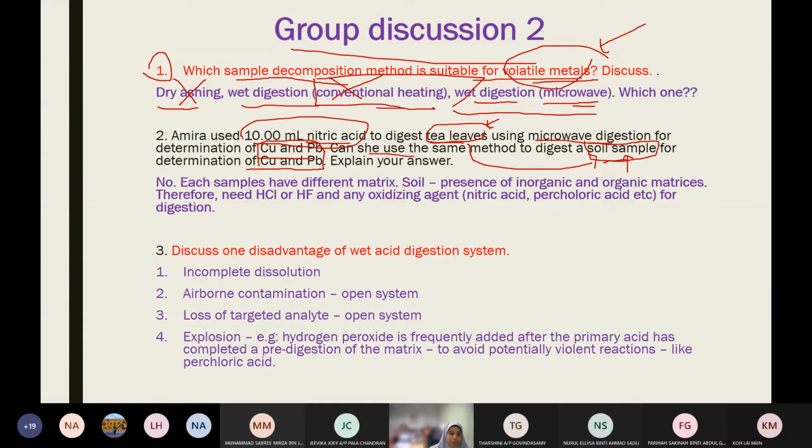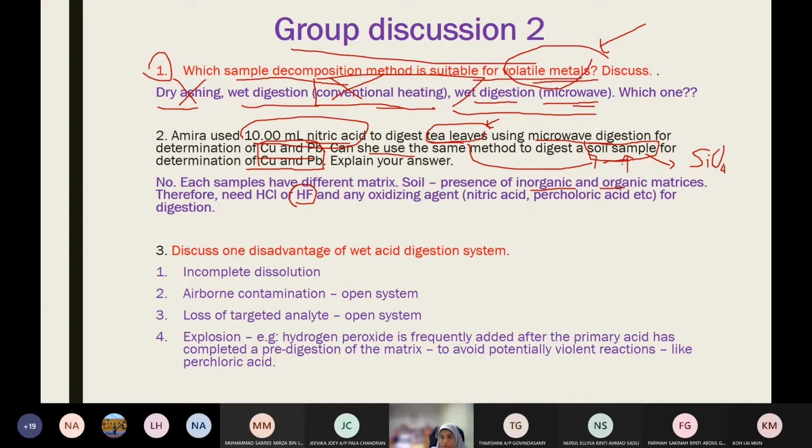Maybe instead of nitric acid alone, you have to add one more acid to do the complete digestion of the soil, because soil contains both inorganic and organic matrices. One of the parts present in soil is silicate. Silicate is one of the matrices. So when there is silicate, as I mentioned in my lecture, hydrofluoric acid is one of the best acids to digest it. Okay, it depends.